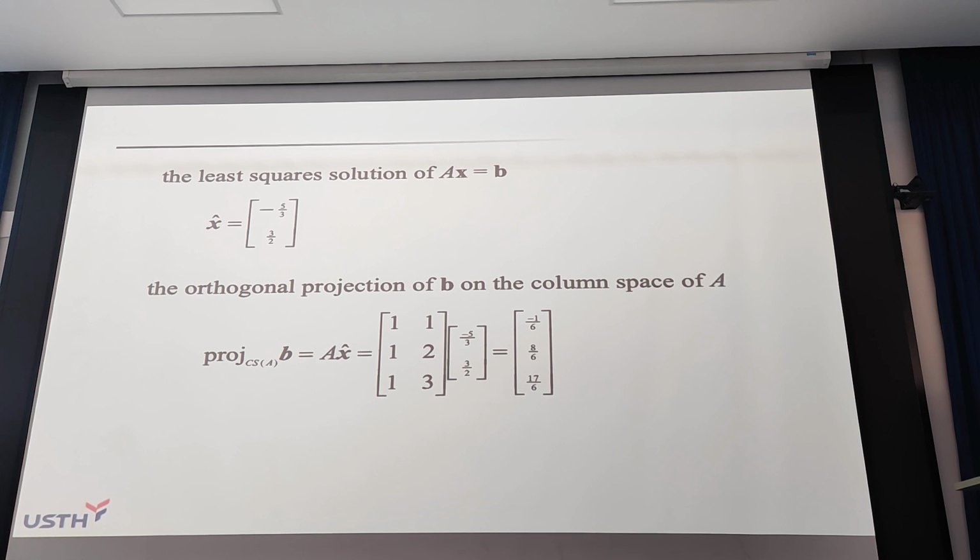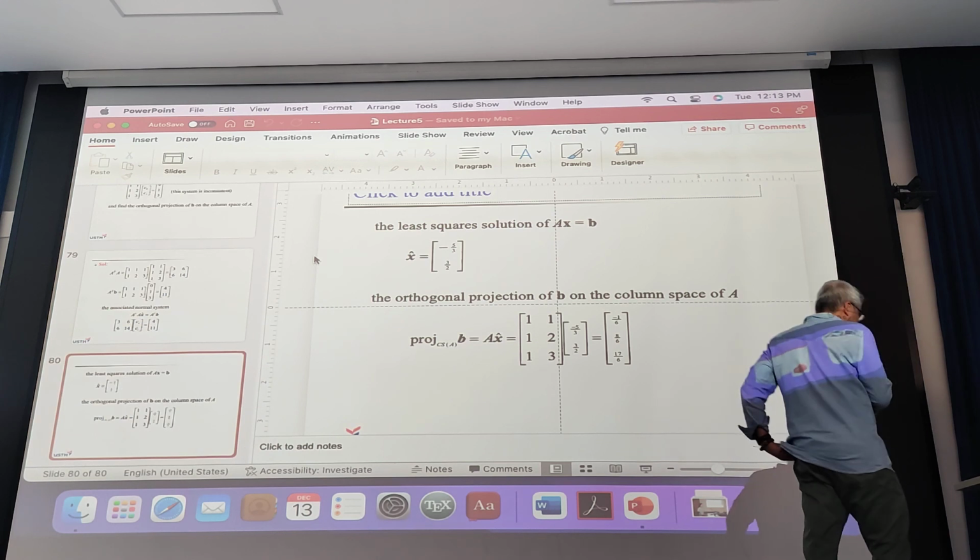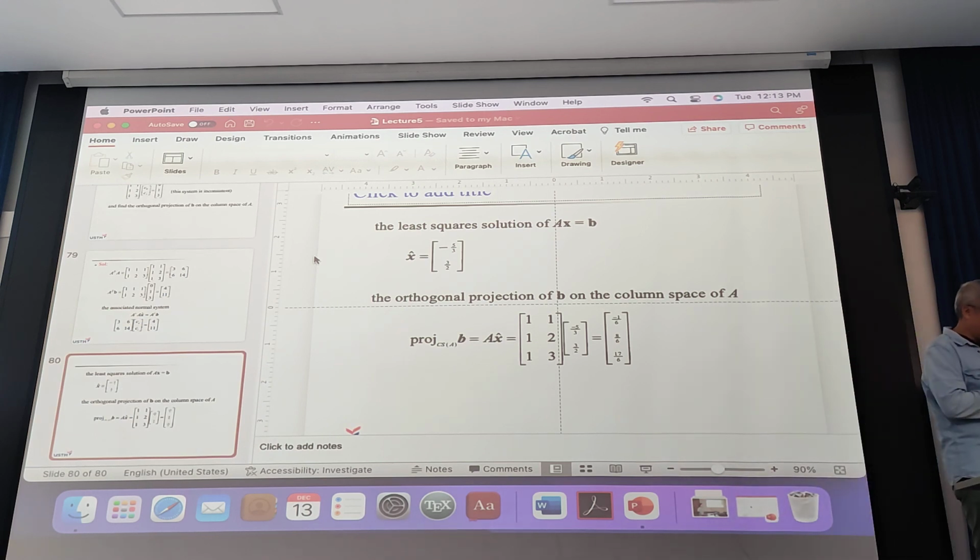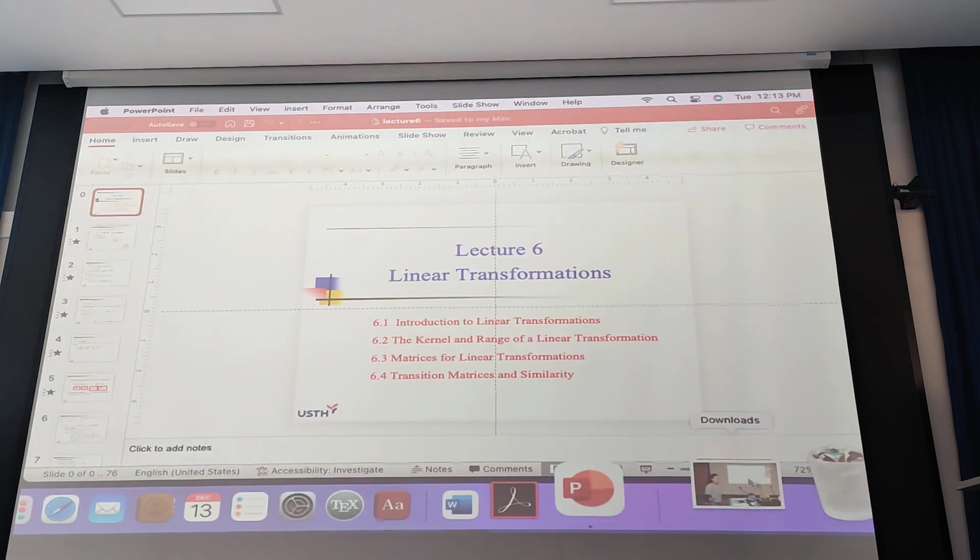The second one, you can find the orthogonal projection of b on the column space of A. So that is what we study about inner product spaces, and we continue with chapter number 6 here.